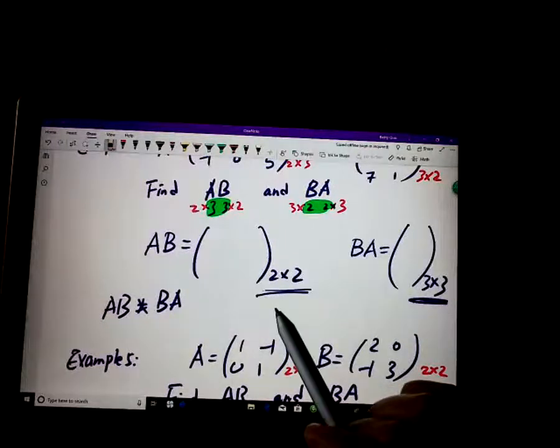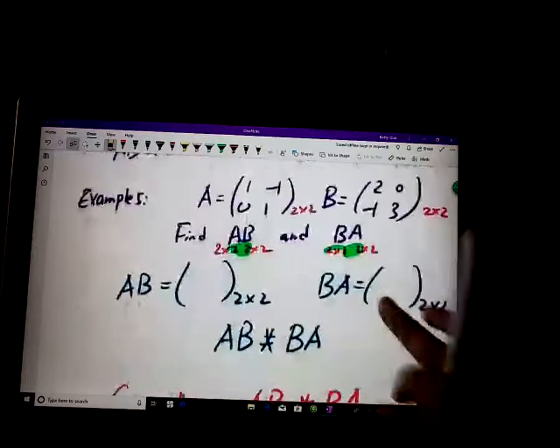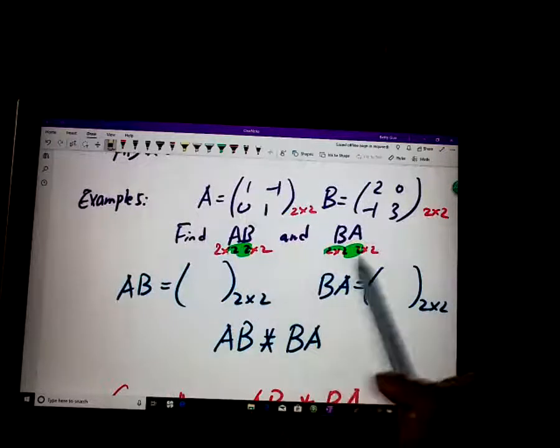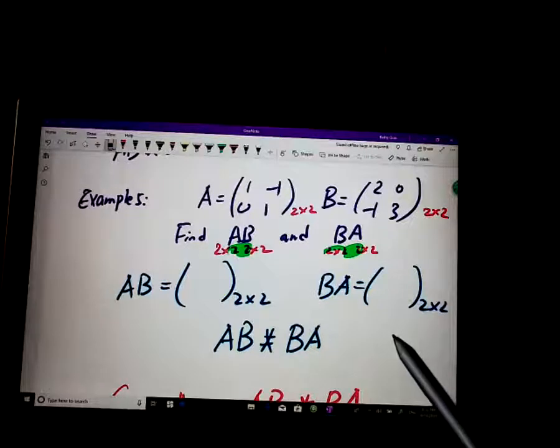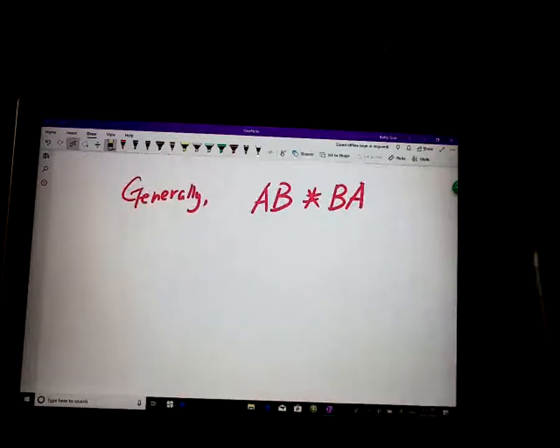Of course, they are not equal to each other. And in example 5, even though both AB and BA are well defined and they have the same size, they are still not equal to each other. So, very important fact: generally, A times B and B times A are not equal to each other.